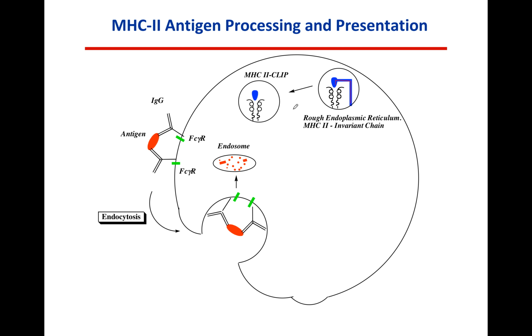This is constantly going on, in which we have digestion and removal of this invariant chain to produce a much smaller peptide, referred to as CLIP, in the MHC2. This is a placeholder, a peptide that's lightly bound into that surface.